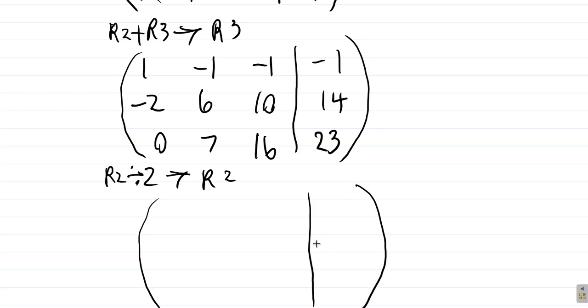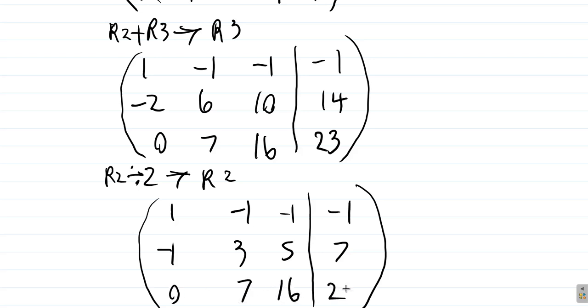So you have negative 1, negative 1. No, this is positive 1. Where did I get negative 1 from? This is 1, negative 1, negative 1, negative 1. Then half of negative 2 is negative 1. And half of 6 is 3. Half of 10 is 5. Half of 14 is 7.